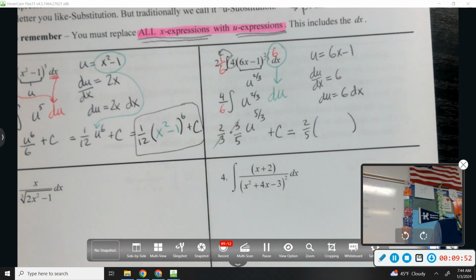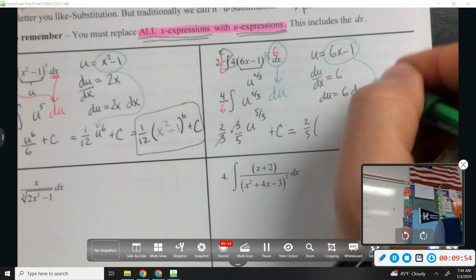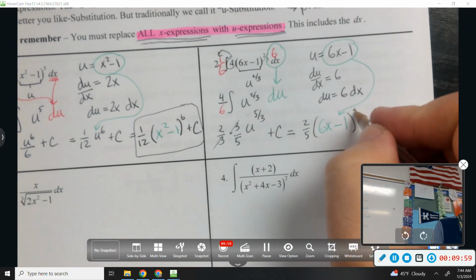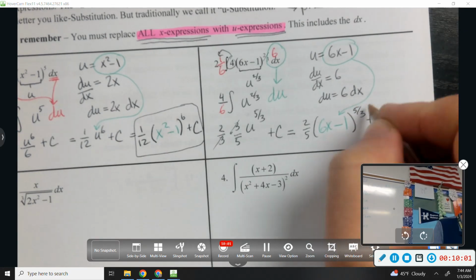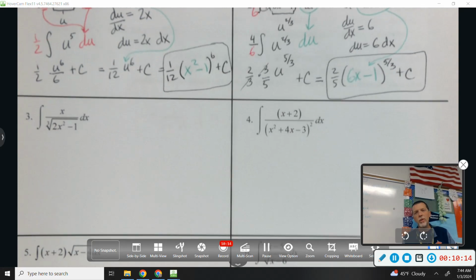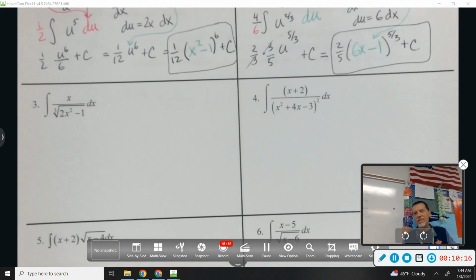I already know what u is. It's 6x minus 1, to the 5/3 plus c. This really is just a lot of practice to figure out how to pick u so that the thing works nicely.